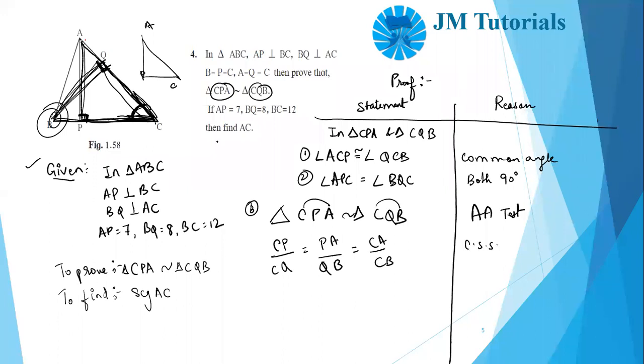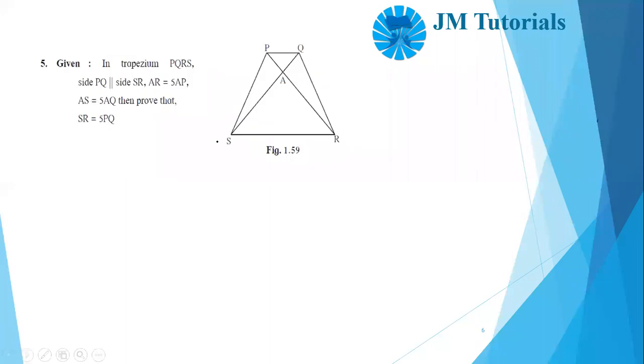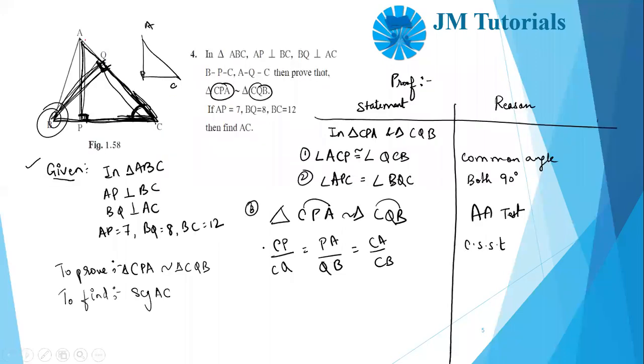In the exam, you need to write the complete thing: corresponding sides of similar triangles. Now, what is CP? Do I know CP? Okay. CQ. Do I know CQ? I think this is not relevant. This is not asked of me. Do I know AP or PA? Whatever. This is the next part of the question.